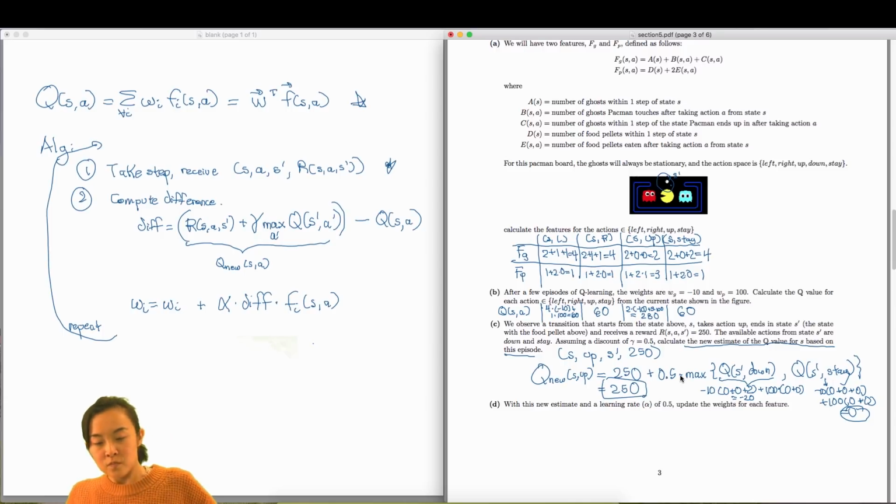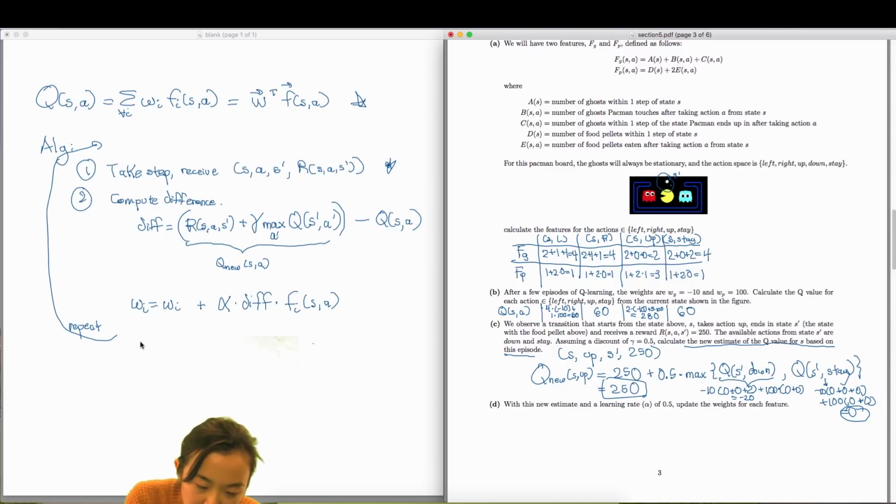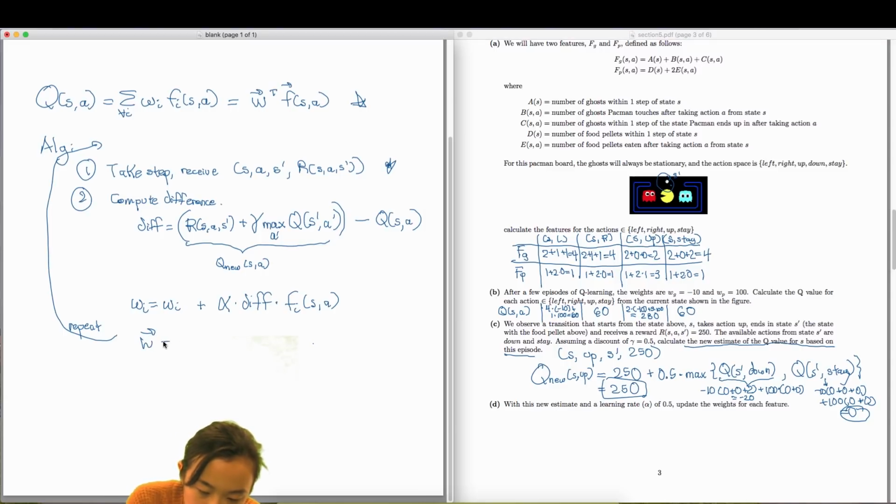Okay, great. So on to part D. With this new estimate for the Q value and a learning rate of alpha equals 0.5, we want to update the weights for each feature. I'm just going to do this in vector notation. The vector version of this is simply just this update.